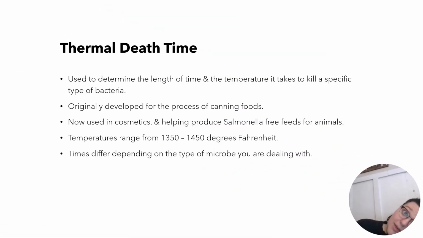So we'll talk a little bit about that thermal death time, and this is used to determine the length of time and the temperature that it takes to kill a specific type of bacteria. It was originally developed for the process of canning foods, but now they use this in cosmetics and to help produce salmonella-free feeds for animals.